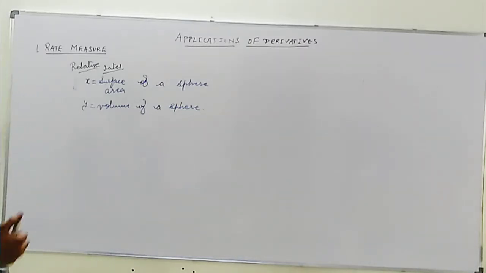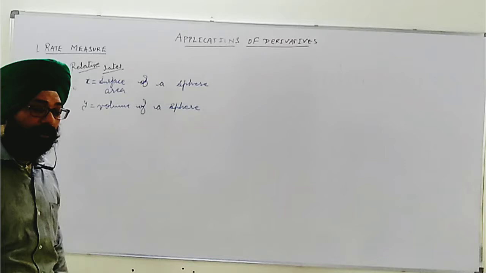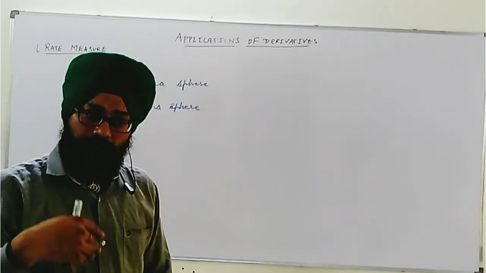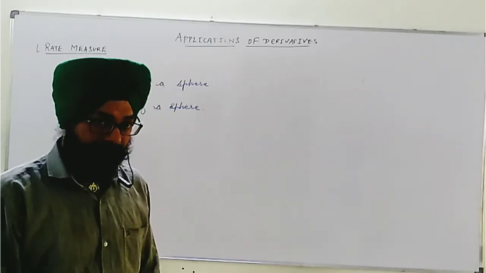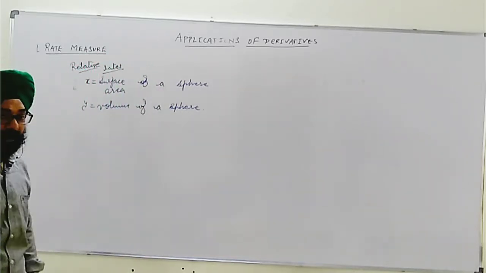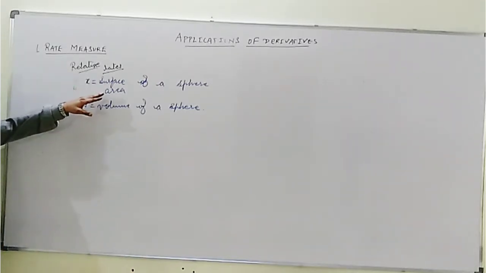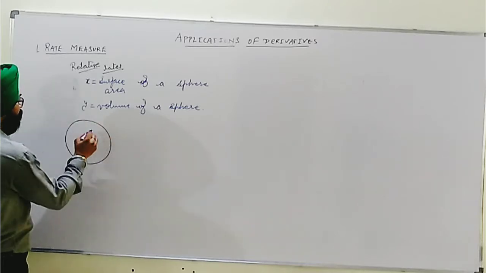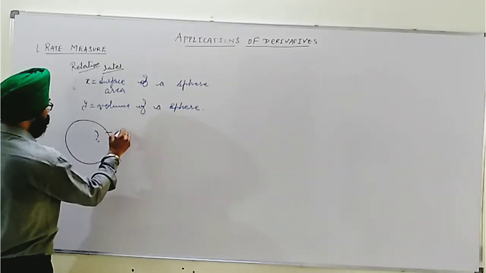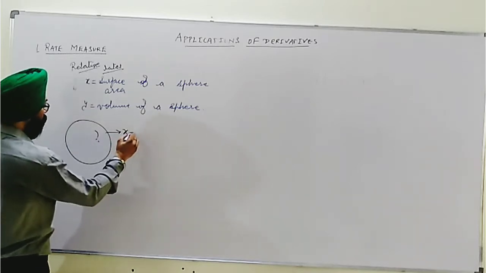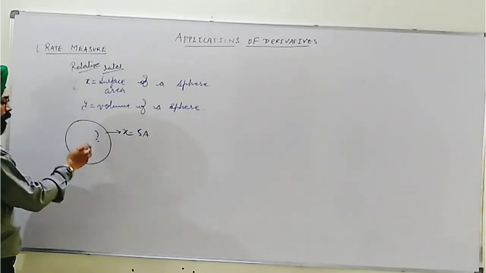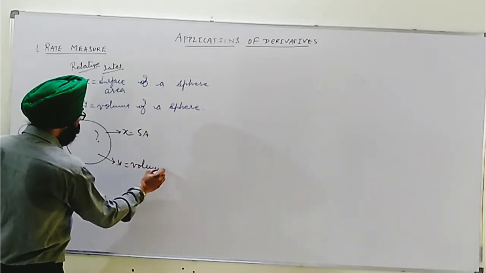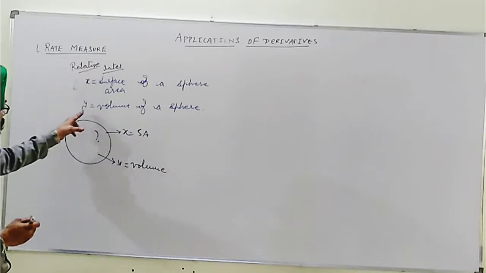Like in the previous examples, one quantity was directly dependent on the other, either x or y. Here, say x is the surface area of a sphere, and for the same sphere, y is the volume.